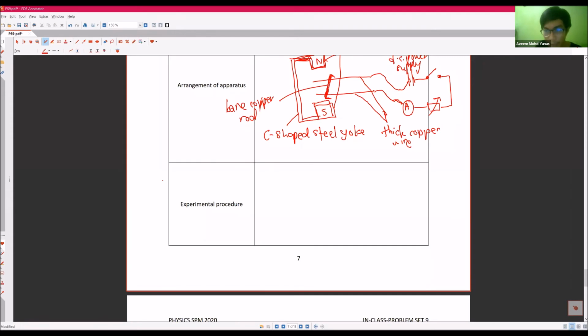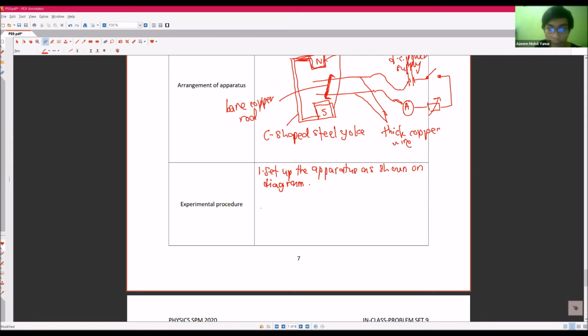Experimental procedure. Number 1: set up the apparatus as shown in the diagram.